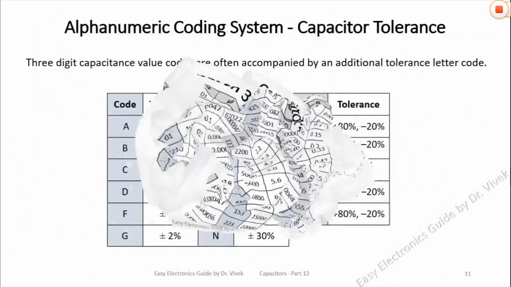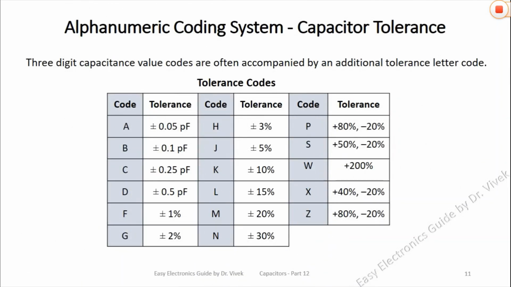In alphanumeric coding system, three-digit capacitance value codes are often accompanied by an additional tolerance letter code. This table shows the tolerance codes.